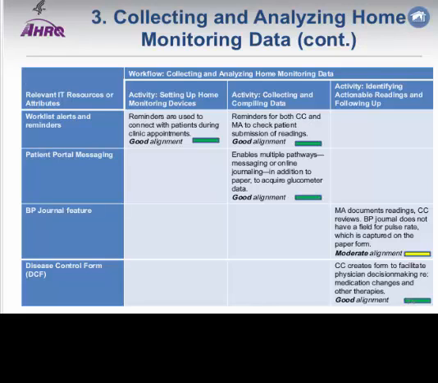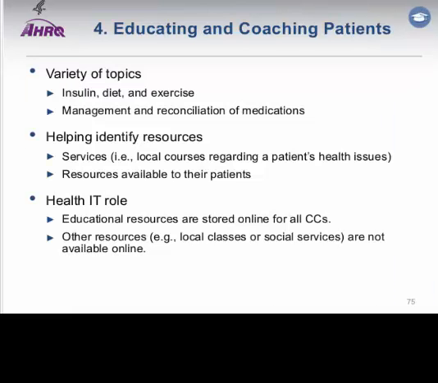In this case, I'll just call out the yellow, the moderate alignment, where there was a blood pressure journal feature in the patient portal, but it hadn't been updated. It allowed blood pressure entry, but not pulse rate entry. And care coordinators routinely recorded pulse, and everybody wanted pulse to be recorded, but the software wasn't quite up to date for that. So the alignment there could have been stronger.